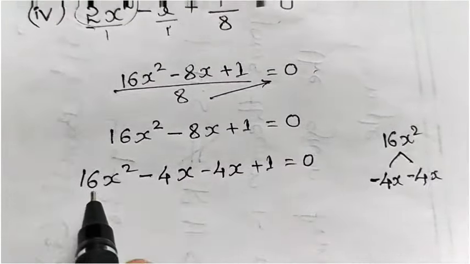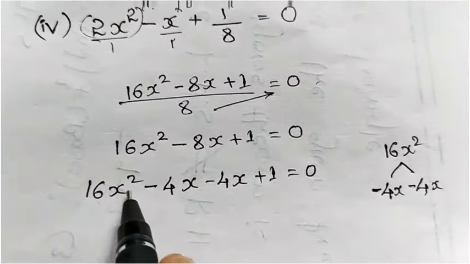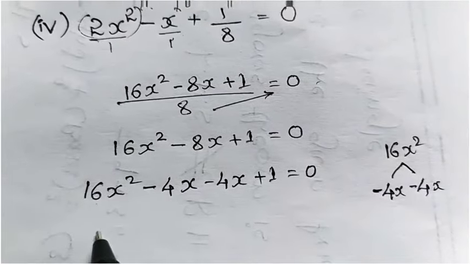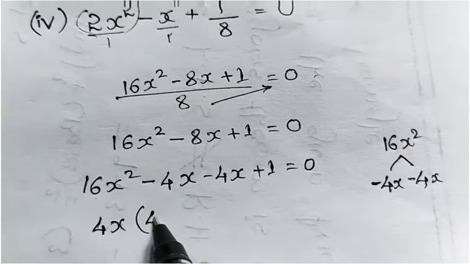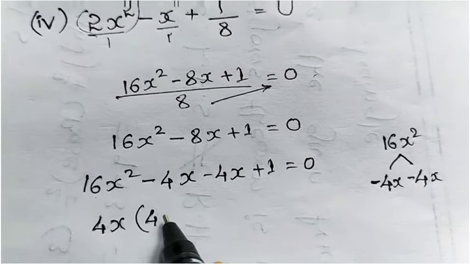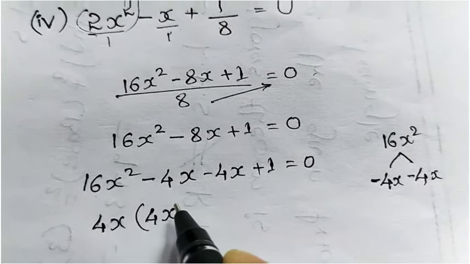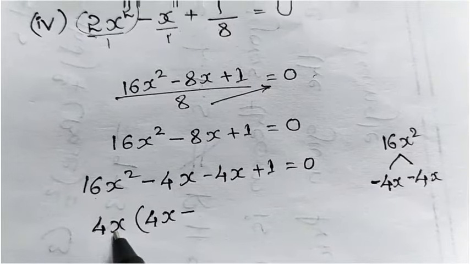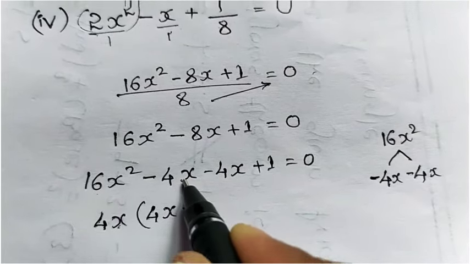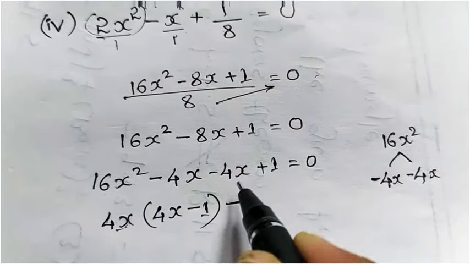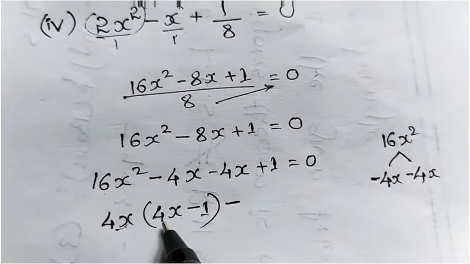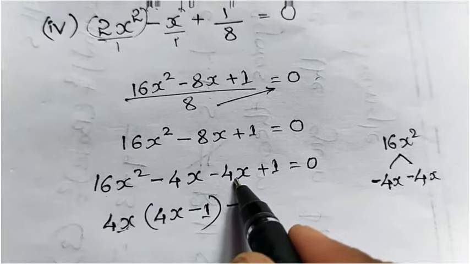Okay, so here 16x square minus 4x, I will take 4x common. 4 how much is 16? 4 4s are 16. And x how much is x square? So x, x square, minus 4x. How much is 4x? 4x 1s are 4x, minus. So inside what we need? We need 4x. Here already 4x is there.